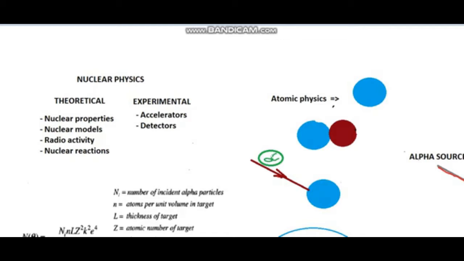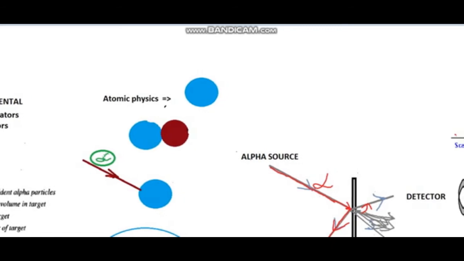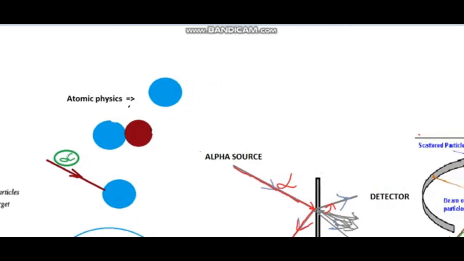Now, before moving to nuclear physics, we need some introduction to this paper. First we consider atomic physics, which we already studied, where we deal with the properties of atoms in different circumstances. We discuss how the electrons are filled in different orbitals and orbits, and how they are structured, using different principles like the Aufbau principle, Hund's rule of maximum multiplicity, and Pauli's exclusion principle.